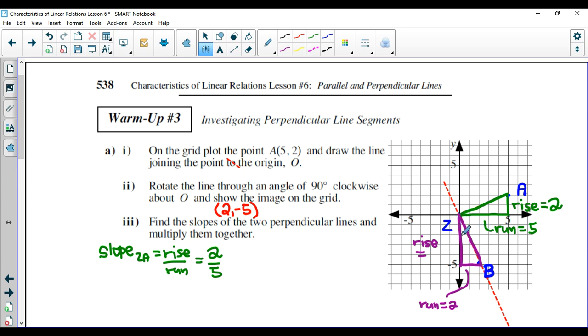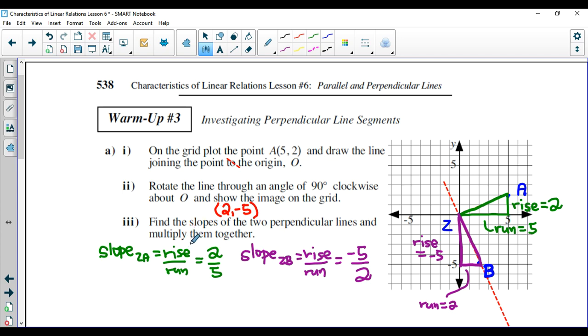You're going down by 1, 2, 3, 4, 5. So this would be negative 5. So your slope of Z to B would be equal to rise over run, and that would be equal to negative 5 over 2.